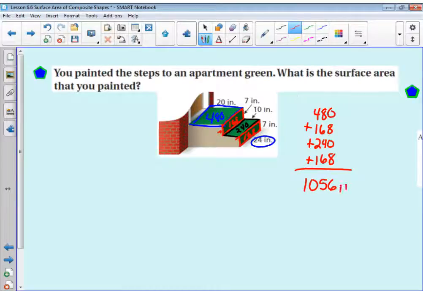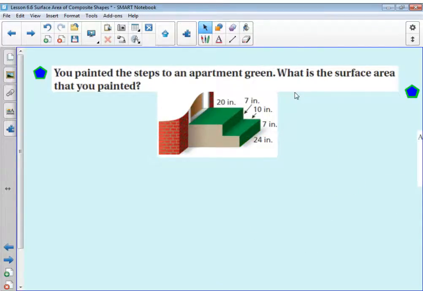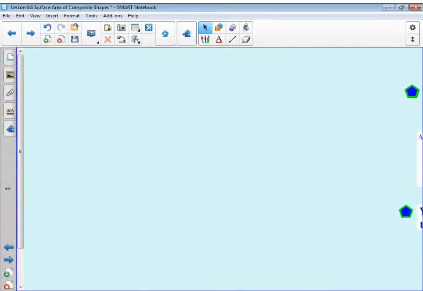The dimensions were inches, and this is surface area, so it's squared. So here's an example where, yes, these steps are three-dimensional, but we weren't covering all of the sides. We were just covering the parts where you would walk on. Okay, so that's a real world scenario, understanding a little bit about composite shapes.